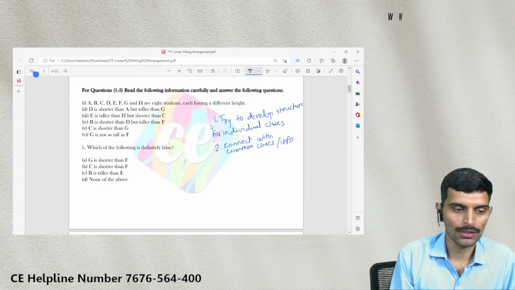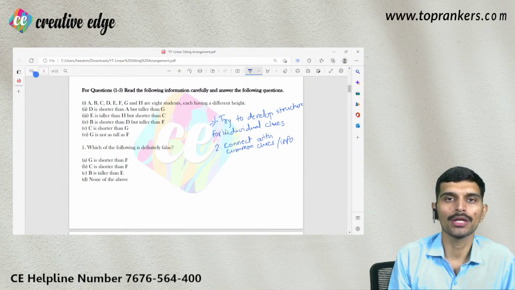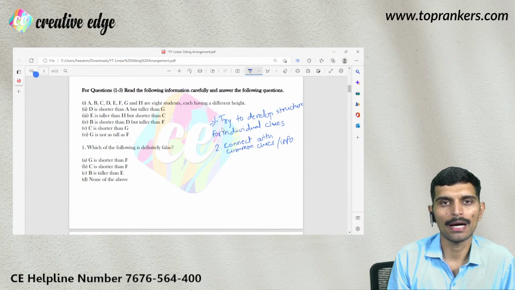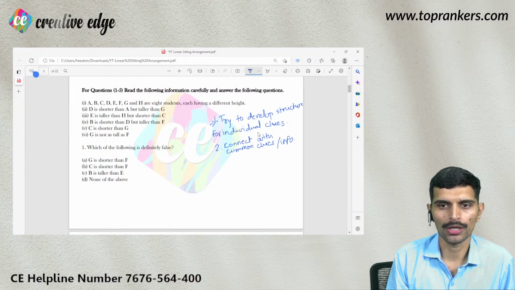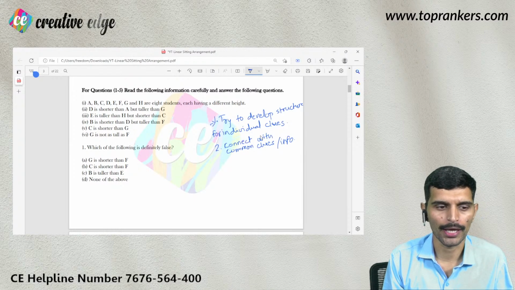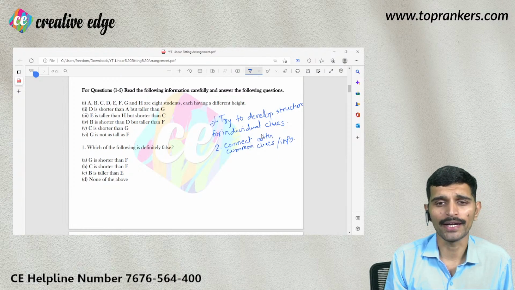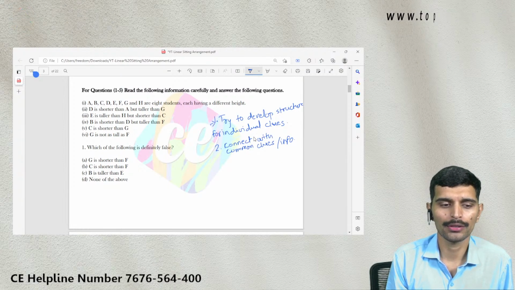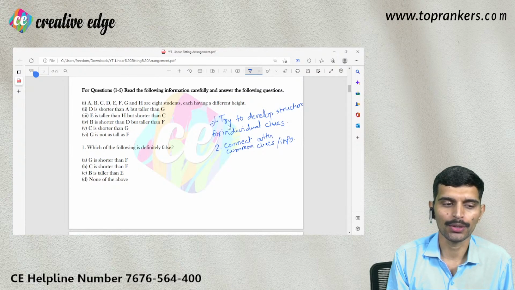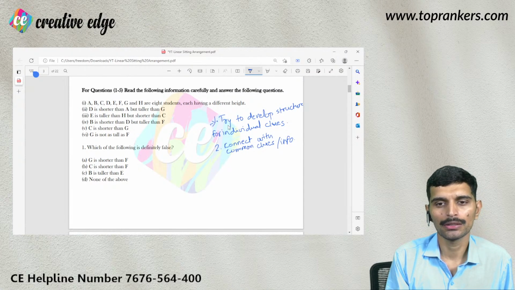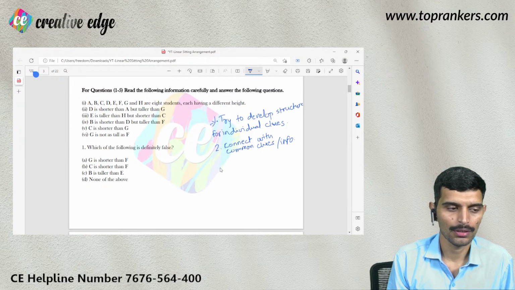When you have finished step number one, that is, you have drawn all the clues individually, then you should try to connect the clues that have common information, combining the individual structures with the help of common information, right?